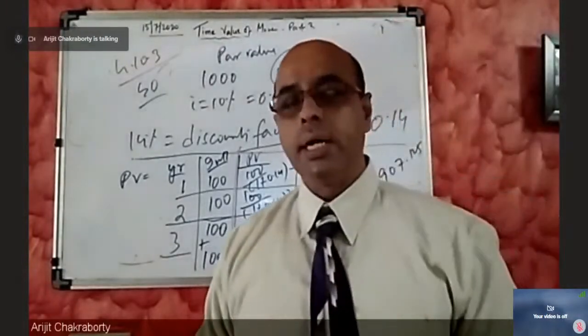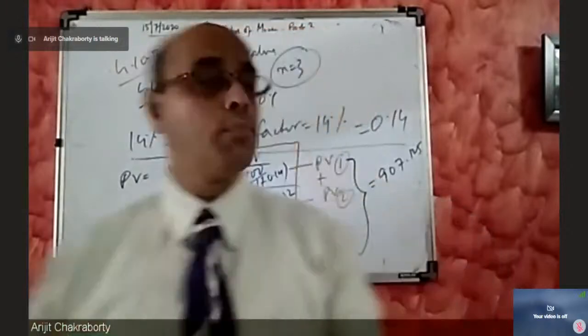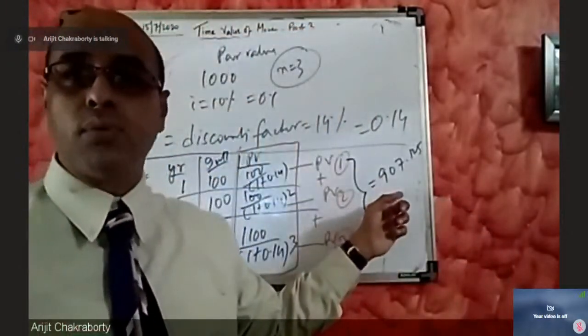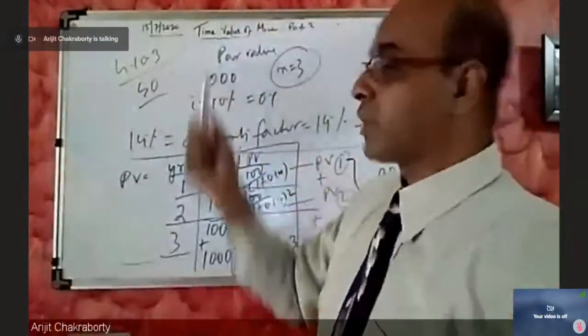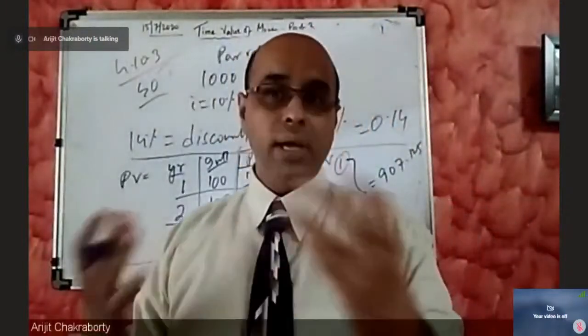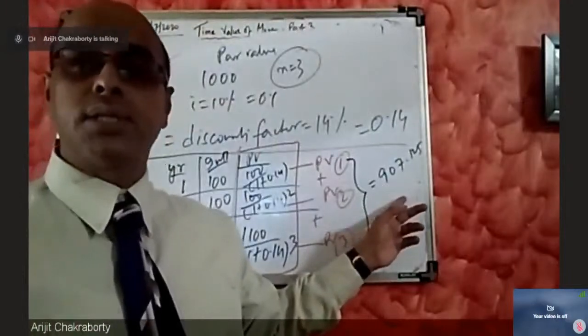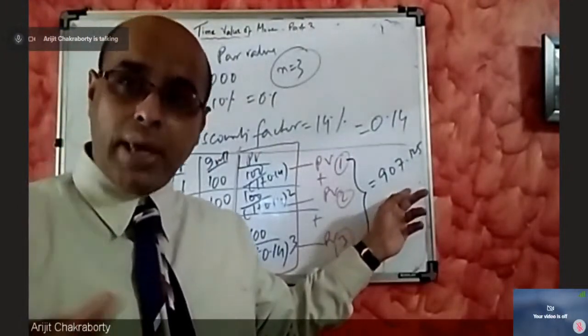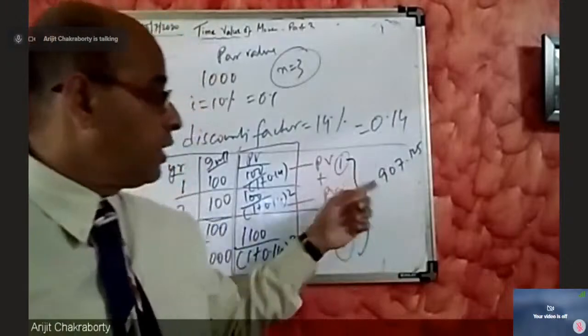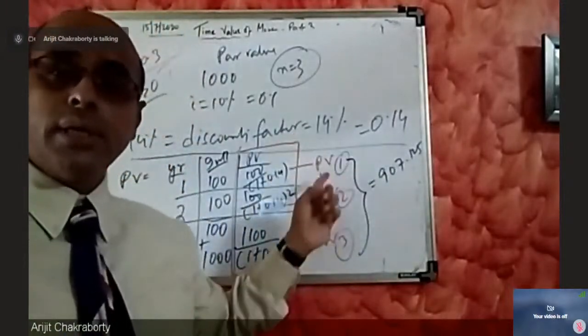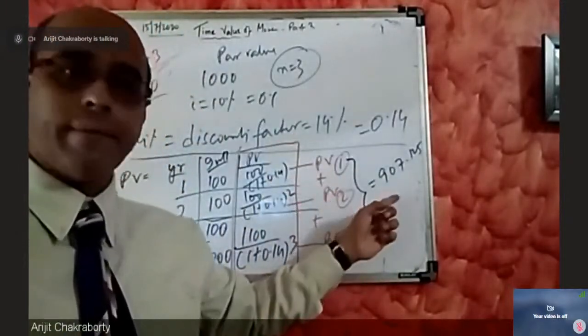That means the purchase price of the bond should be 907 rupees 125. The face value is 1000. Face value can be anything, but you should purchase it at 907 so that whatever you pay will be balanced by the interest and by the repayment you will be getting.